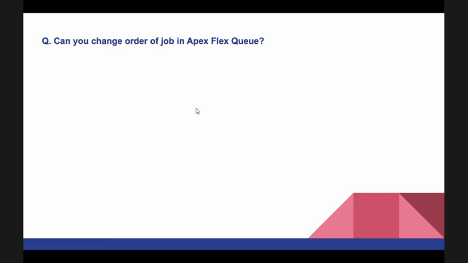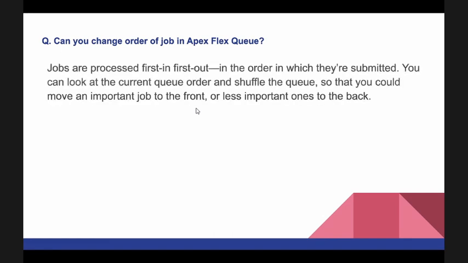So we can move an important job to the front and a less important one to the back. That's how it works. Very good. Thank you. But the rule it follows is FIFO, first in, first out, and then we can even shuffle the queue. Thank you. Like you said, let's go for the next question.